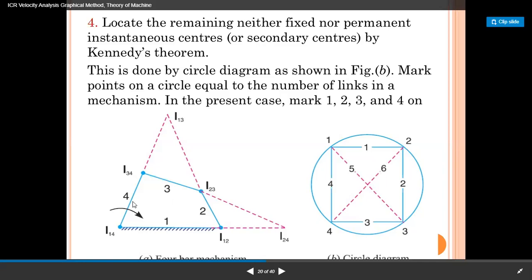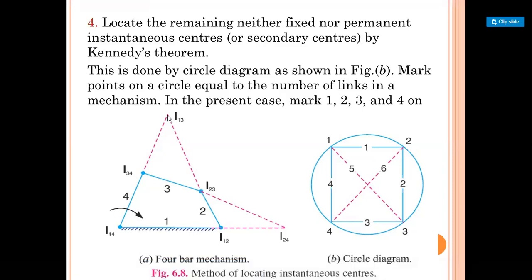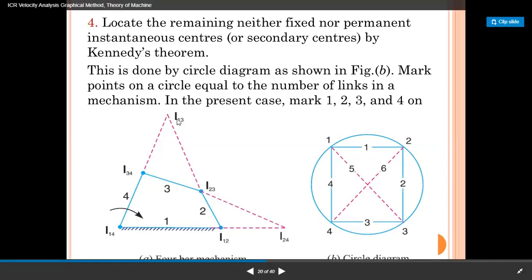Now see in this mechanism, link number 2 and link number 4 are extended. Suppose link number 4 is extended in this direction and link number 2 in this direction. Then the intersection point we get is the instantaneous center I13.